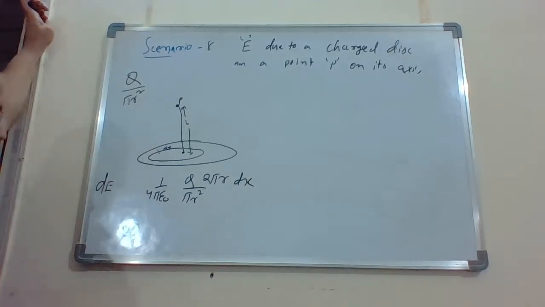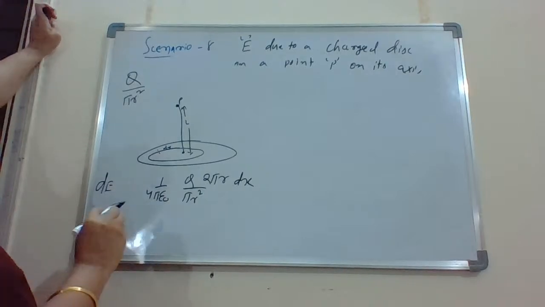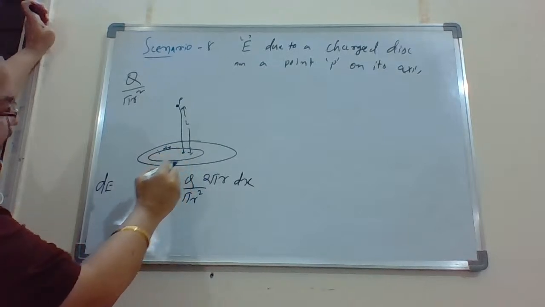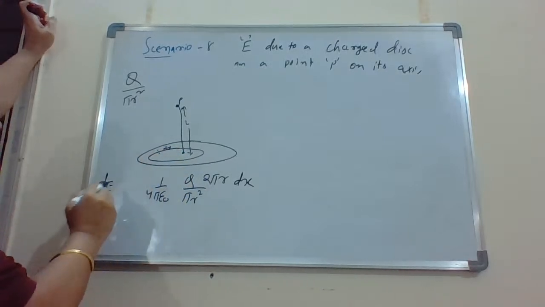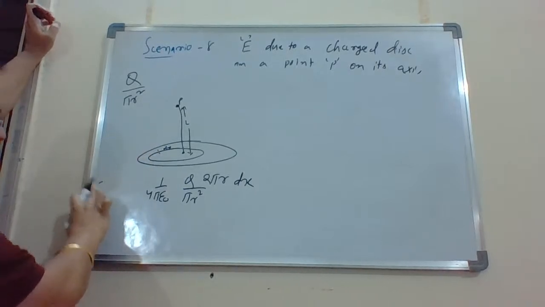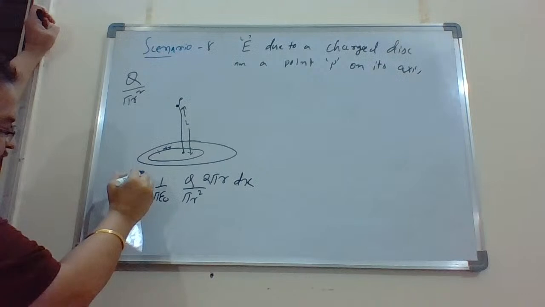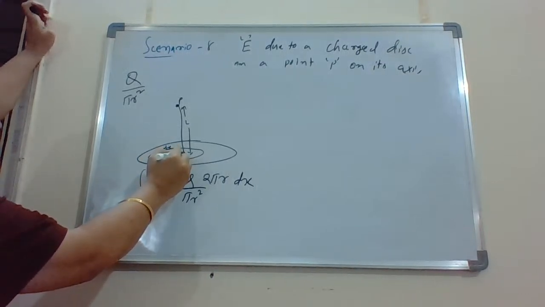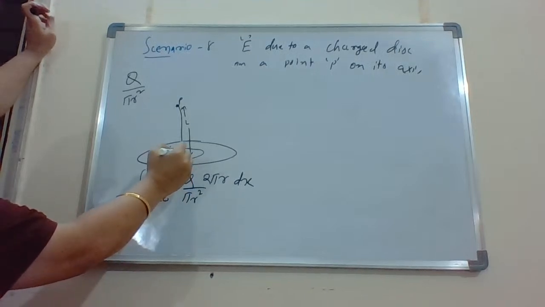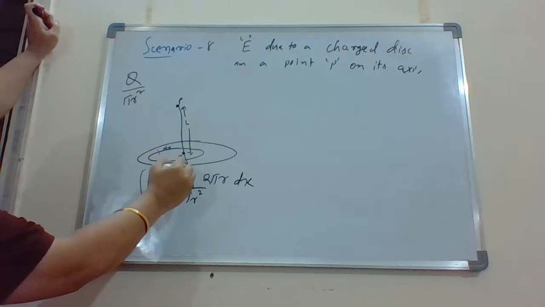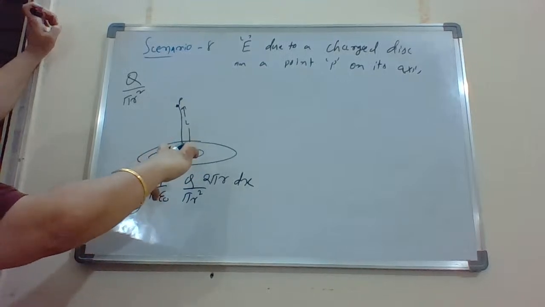If this is your dE, then your total electric field intensity would be the integration of this from the minimum distance of x, which was 0, to the maximum distance, which is r, the total radius of the disk.